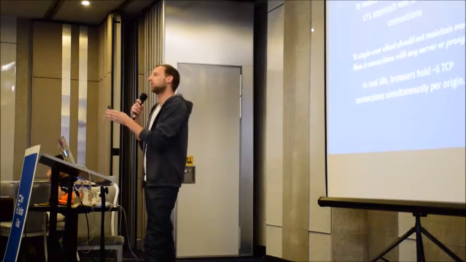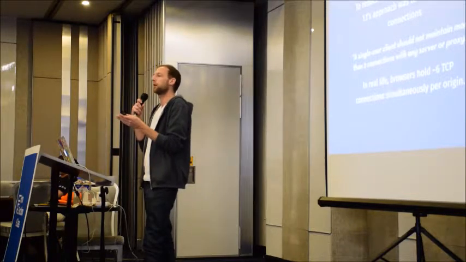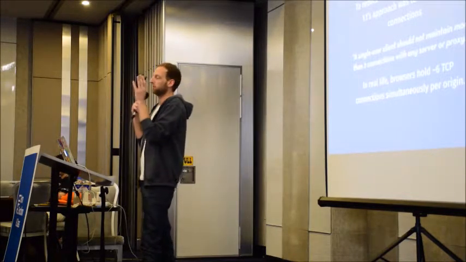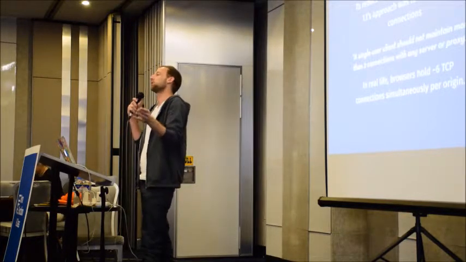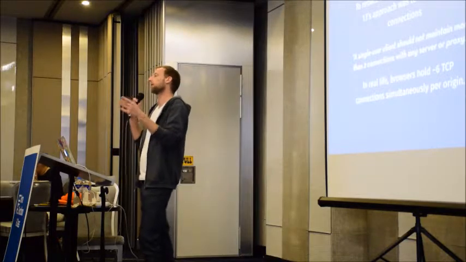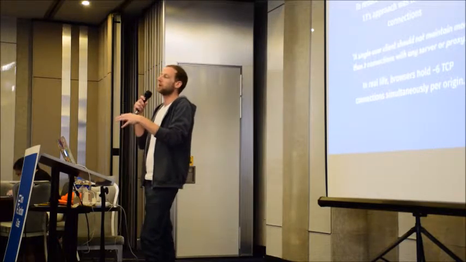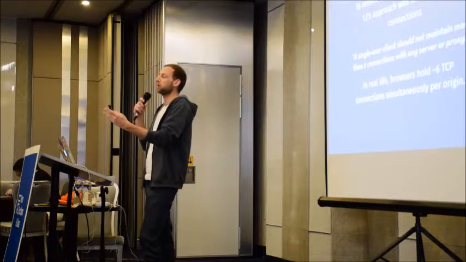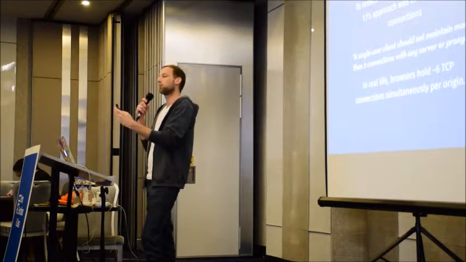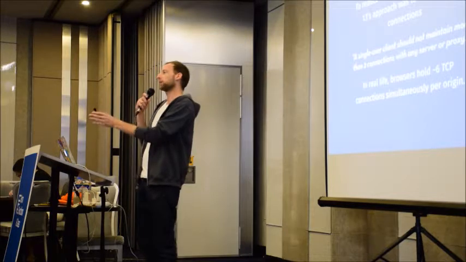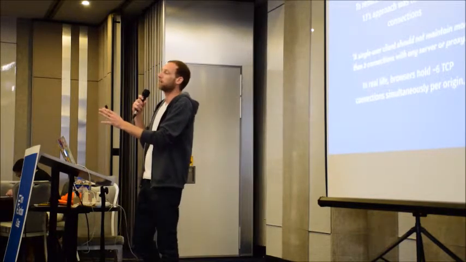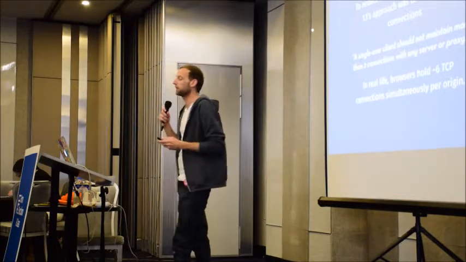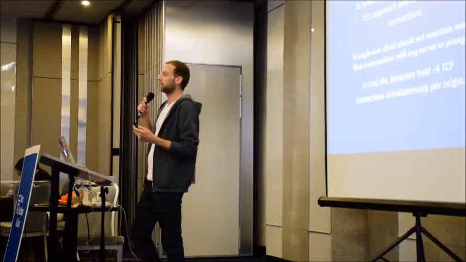That was used partially, maybe you've seen it, for something called domain sharding, where you would get your main documents from your main domain, and then you would pull your images from images.domainname, from a subdomain, and that would allow you to go over that limit of 6 connections, because it's basically 6 connections per host. So you could open 6 connections at the same time to your main domain and to your subdomain, and that speeds up things a little bit. That was one of the quite common practices for speeding this up.